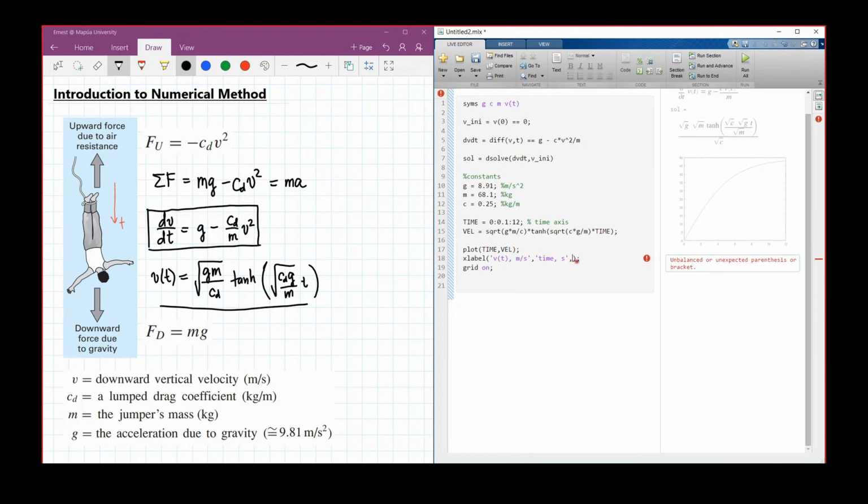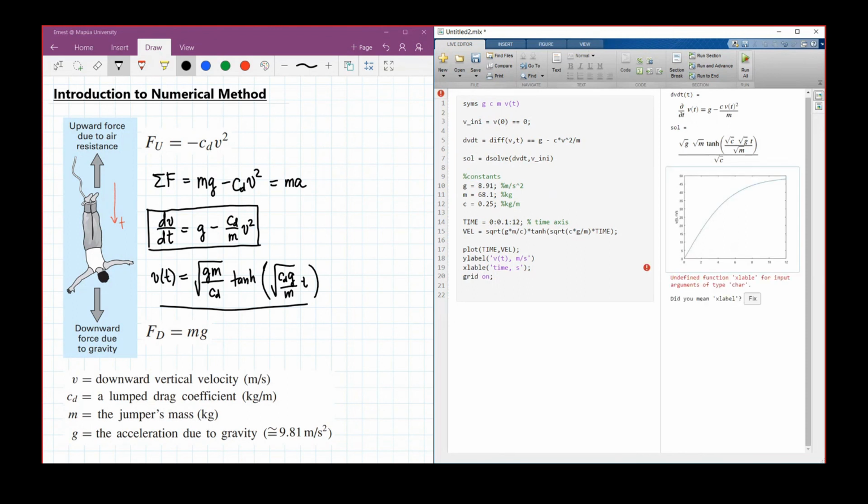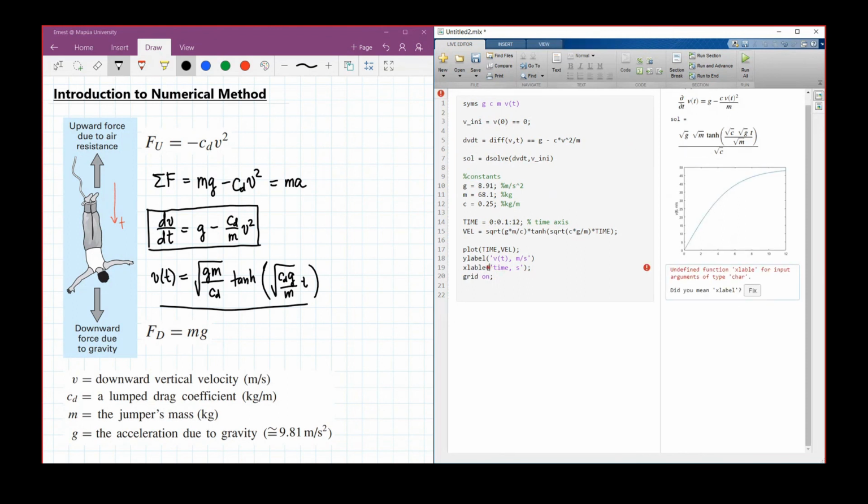Oh, sorry. Should be this one. Okay, sorry about that. Should be Y, and this X label. Oh, sorry. Wrong.